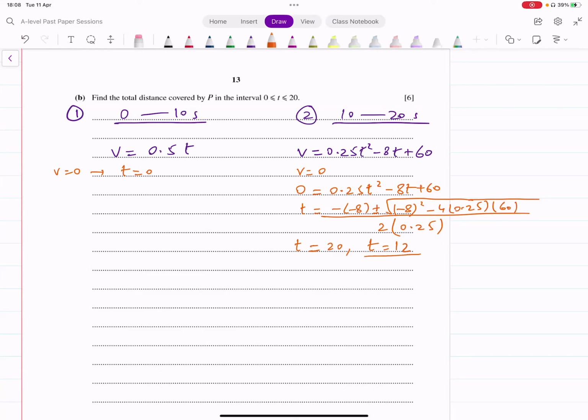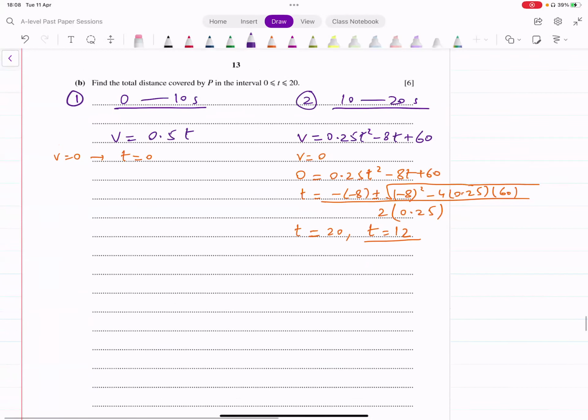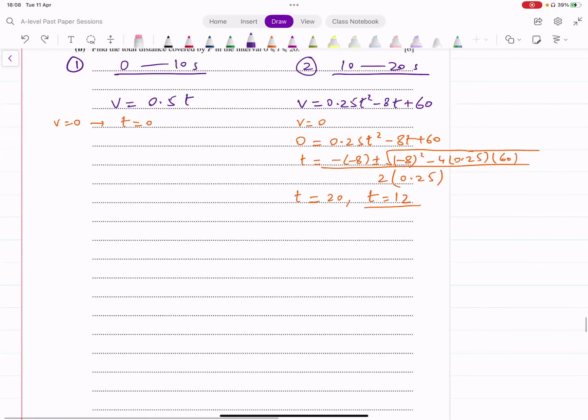T इक्वल्स 12 के ऊपर ये पार्टिकल अपनी डायरेक्शन चेंज कर रहा है, ठीक है. अब इसका मतलब है कि आपको अपनी जर्नी को इस पॉइंट पे भी ब्रेक करना पड़ेगा. तो आपके पास 3 रीजन्स बन जाएंगे. अब 0 से 10 तक फर्स्ट इक्वेशन आ गई, 10 से लेकर 12 तक सेकंड इक्वेशन से आप निकालेंगे, और फिर 12 से लेकर 20 तक अलग से निकालेंगे, ठीक है. सो वी हैव 3 डिफरेंट रीजन्स नाउ फॉर टाइम. एक तो 0 से लेकर 10 तक, देन यू हैव 10 to 12 बिकॉज 12 पे आपको जर्नी को ब्रेक करना पड़ेगा, वहां पे डायरेक्शन चेंज हो रही है, एंड देन 12 to 20.